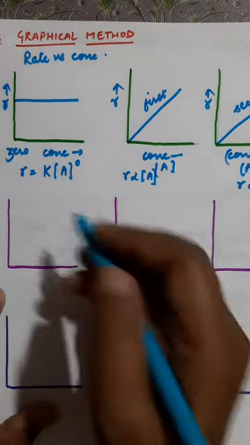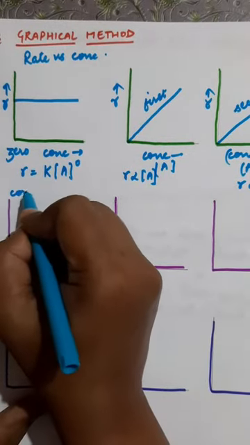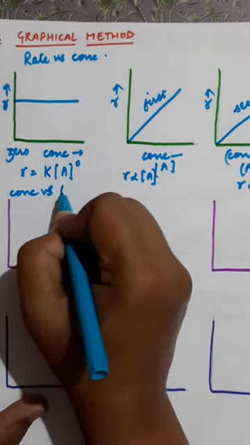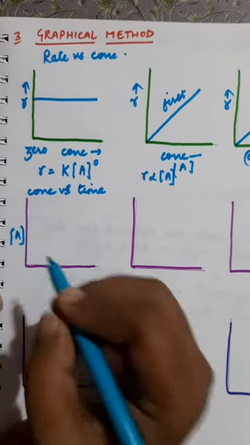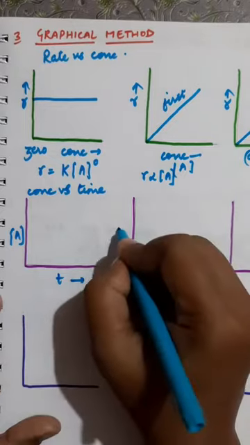Now let's see the graph between concentration and time. Concentration versus time. So here we are plotting concentration, and on this side we are plotting time.